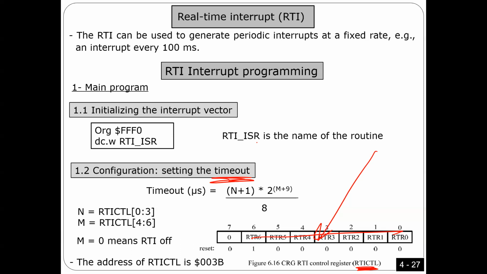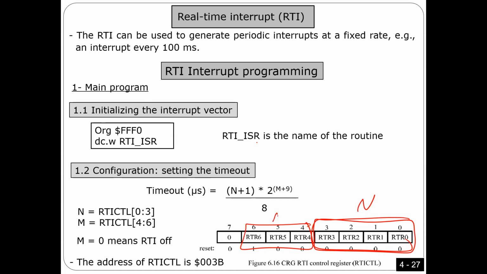Look at the idea. The idea here is that, look here, guys. In this register, from 0 to 3, these 4 bits, I'm going to call them N. And these 3 bits, I'm going to call them M. So we have N and M. N can take a value from 0 to 15.